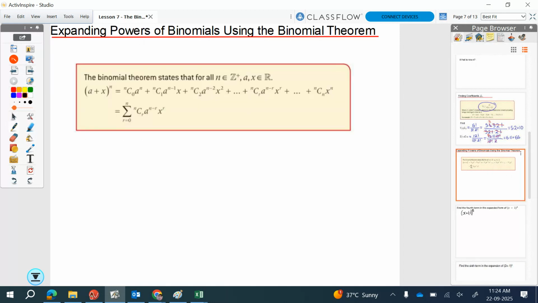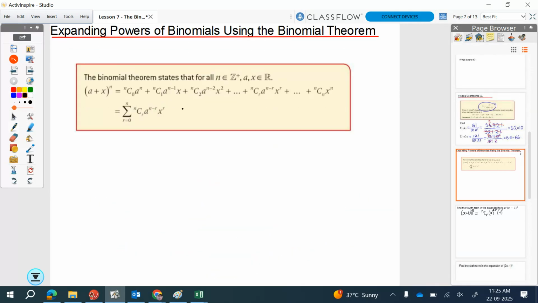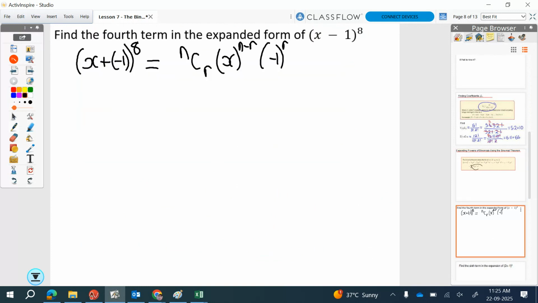The general term is nCr, a to the n minus r. So we want nCr, x to the n minus r, and negative 1 to the r. Just taking the general formula and sticking in these numbers, we want this.